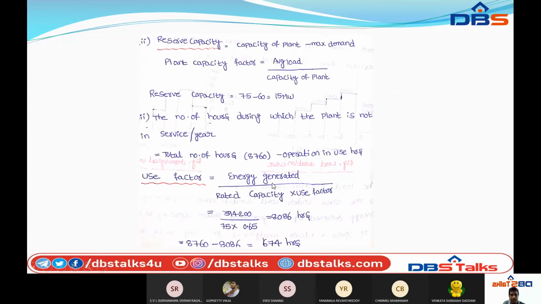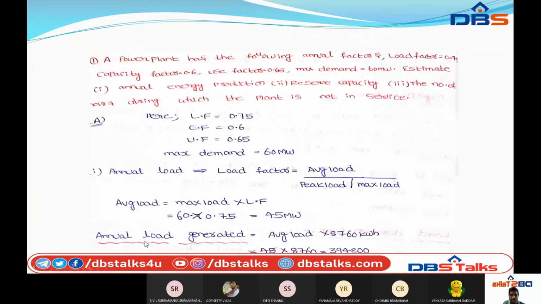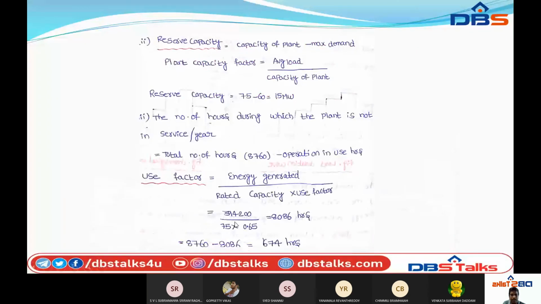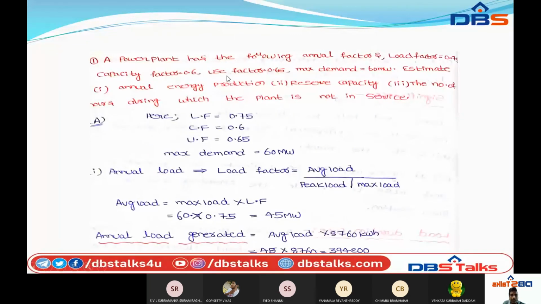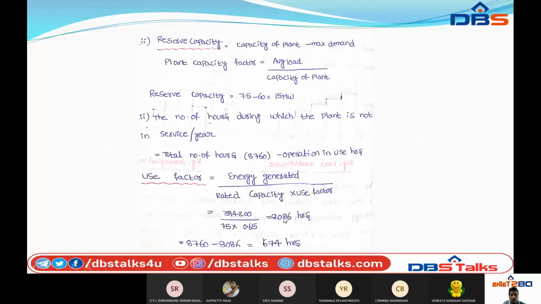Energy generated is taken from annual load generated, that is 3,94,200, divided by rated capacity 75, taken from load factor, into use factor 0.65. After that, we get 8086 hours.